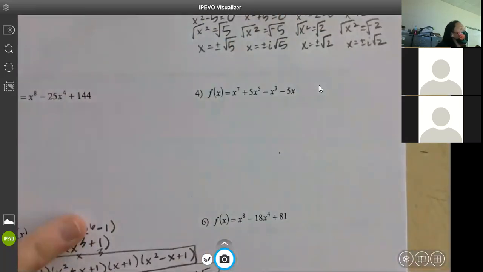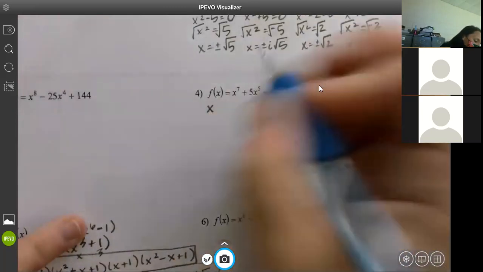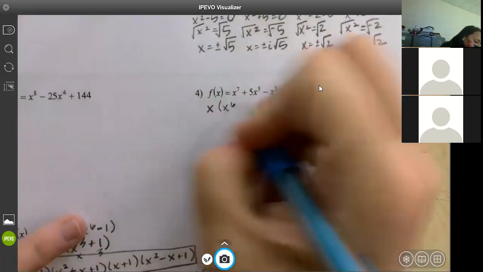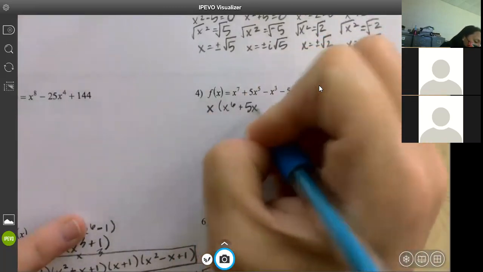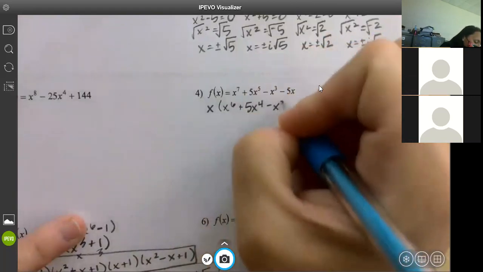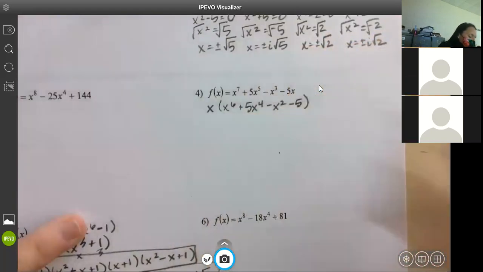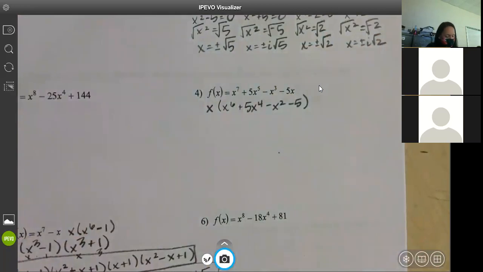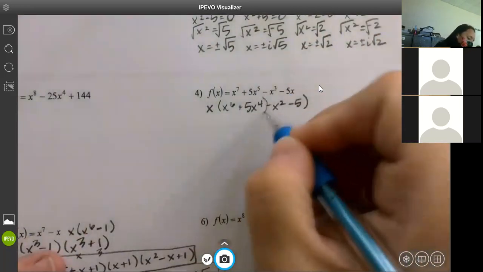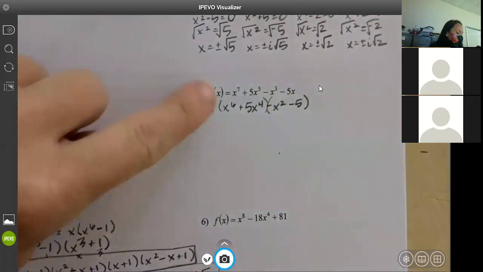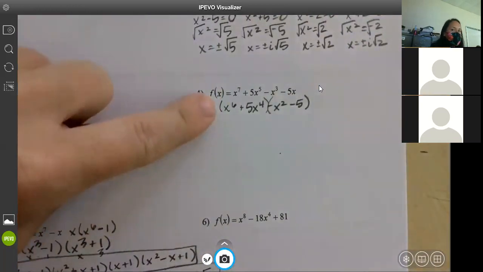But the first thing you need to do is do what? GCF. So we drop all of the powers. And then we group them. Ignore this X for a minute. What comes out of this set of parentheses?